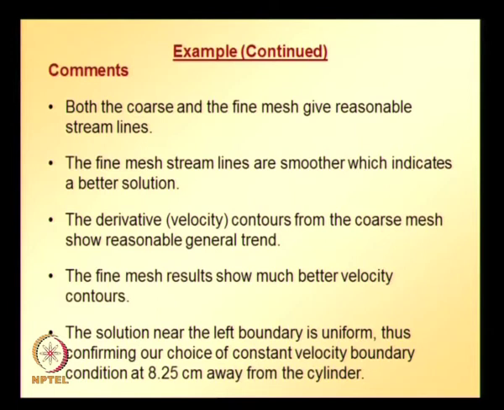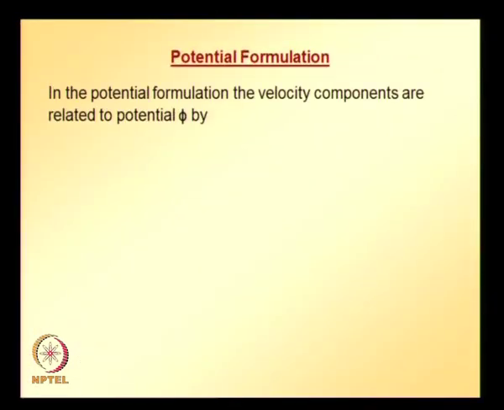So, now let us look at solving this ideal fluid flow around an irregular object through a different formulation, that is the potential formulation. In the potential formulation, the velocity components are related to a potential phi by these relations: fluid velocity along the x direction and y direction are related to the potential phi via these equations.